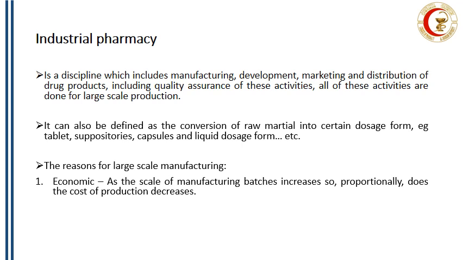Because after we finish all the processing requirements such as milling, that means reducing the particle size, mixing, drying, then other complicated processes related to each certain dosage form, we have to clean all of these machines, maintain them, and then prepare them for the next batch. It will take approximately the same time.